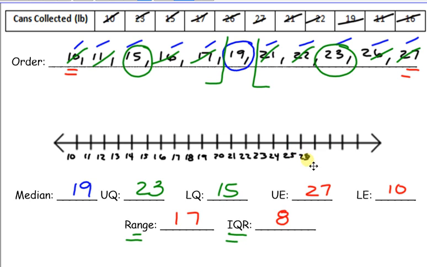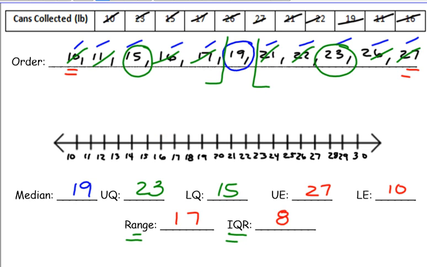Oh, that doesn't look like a 26. Alright, 26, 27, 28, 29, and 30. Perfect. Alright, so now we have to go ahead and graph, and I didn't mean to put that line there.